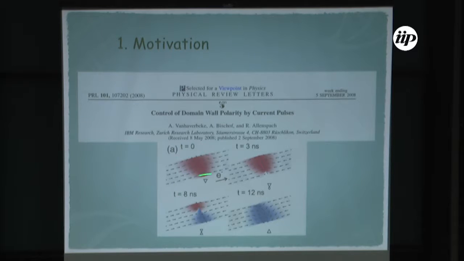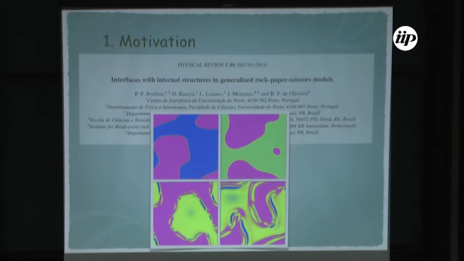The reason for doing this is obvious. Or the motivation, this is a home motivation. If you study species, and the color here represents different species, this is an interface. This is a kink-like solution, an interface here.